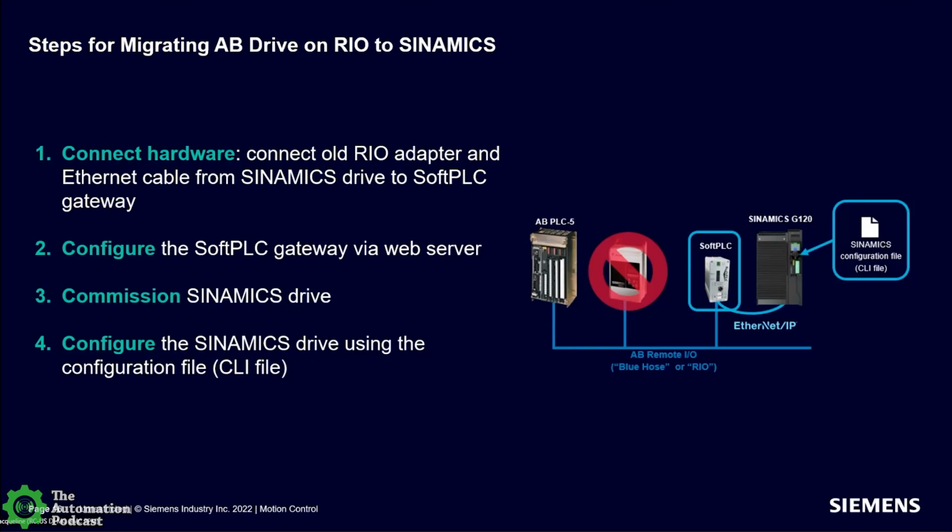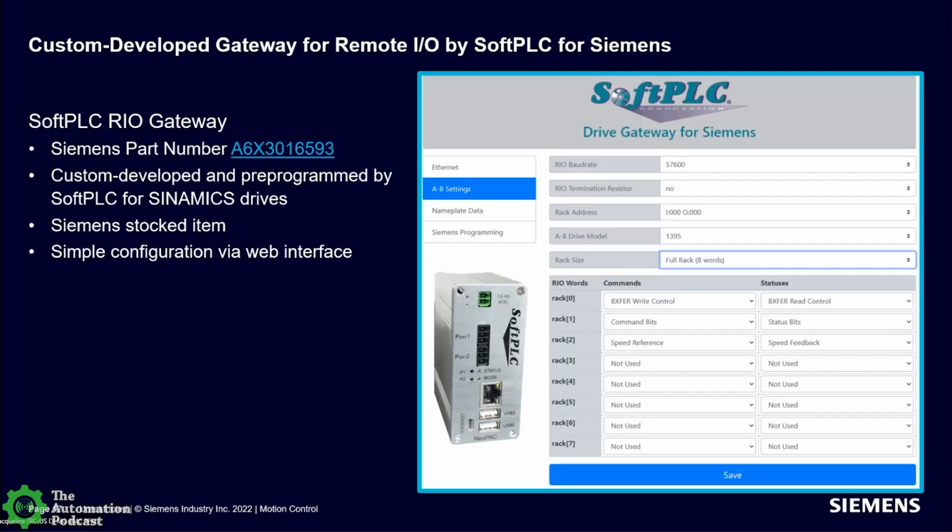So, we're talking about this gateway, and maybe people have had bad experiences with gateways, or it's not as simple as I'm making it out to be. But again, it was specifically designed for Siemens drives and replacing these old AB drives. And so when I say configure it, it's just a web page really that you go to once you have it hooked up, and you answer a few questions.